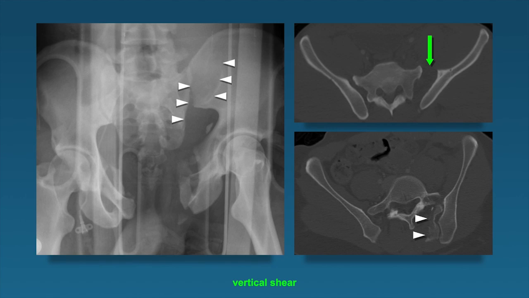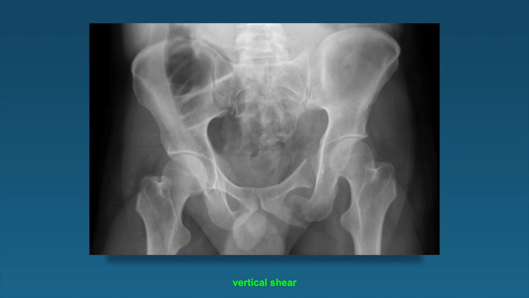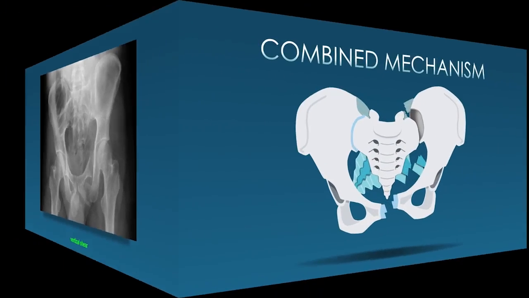It really just depends what's stronger in any individual, the bone or the ligaments, as to what's going to get torn. Another example, some vertical separation with fractures through the pubic rami anteriorly and the SI joint posteriorly, and a little vertical separation as well.